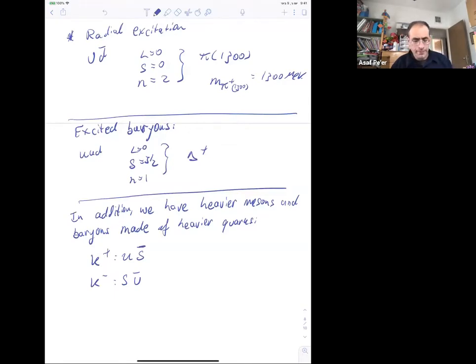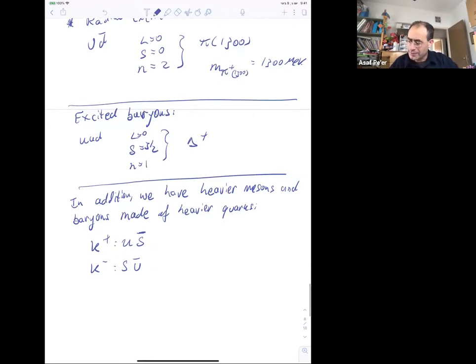But this is the ground state. For kaons as well, we can have the first excited state, kaons with spin equal to 1. They will be the first excited state, so they would be heavier. These are known as the K star, kaon star.